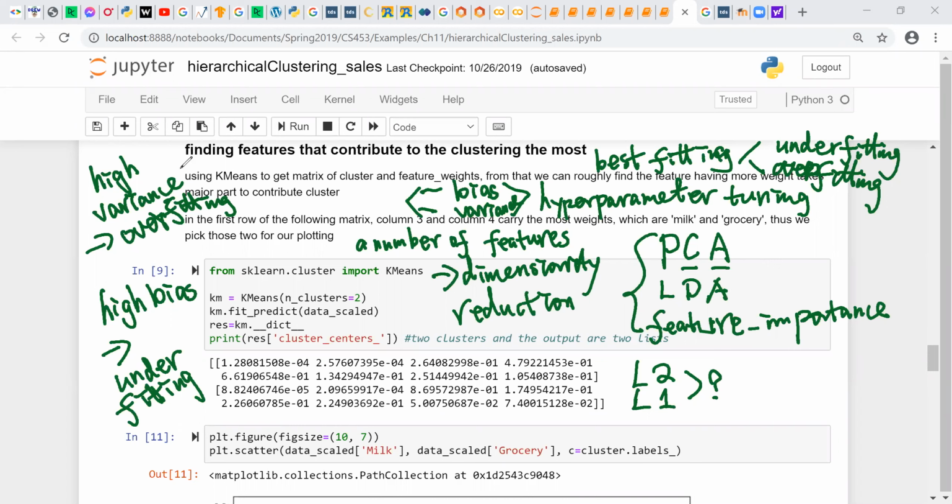And that's why PCA is used to what? To catch the principal component. What is the principal component?